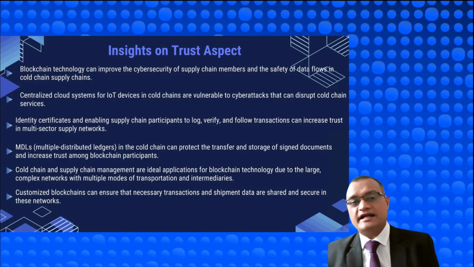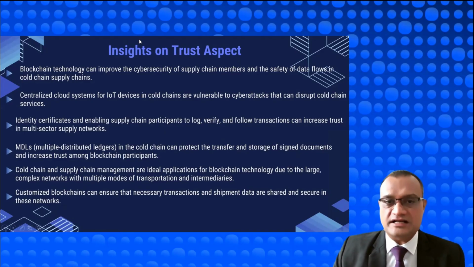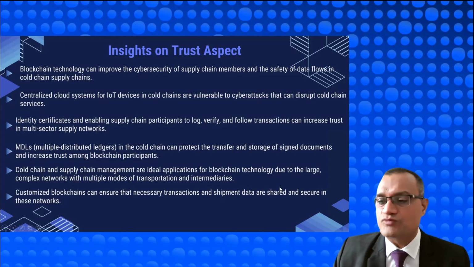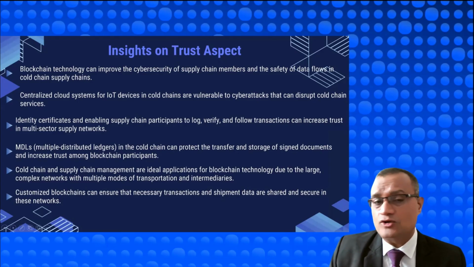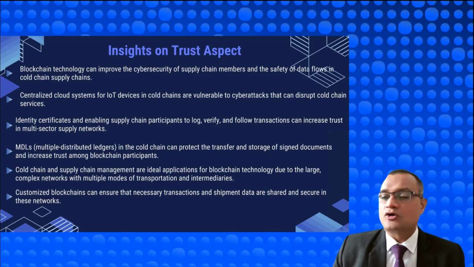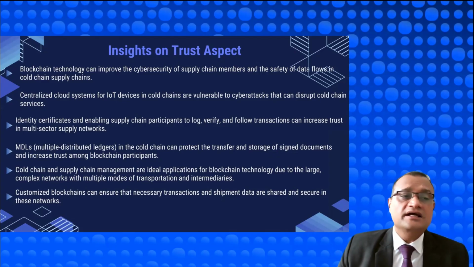The second important dimension, let us develop some insight on the trust and transparency aspect. This dimension is very important when you are sharing the data. Blockchain technology can improve the cybersecurity of supply chain members and the safety of data flows in cold chain supply chains, typically part of your agriculture.